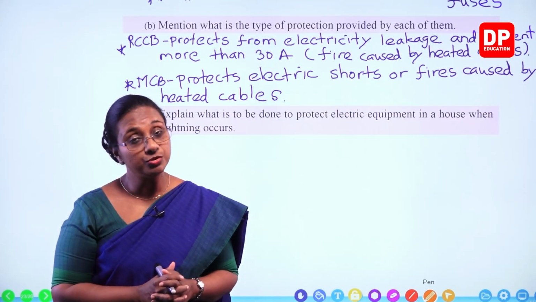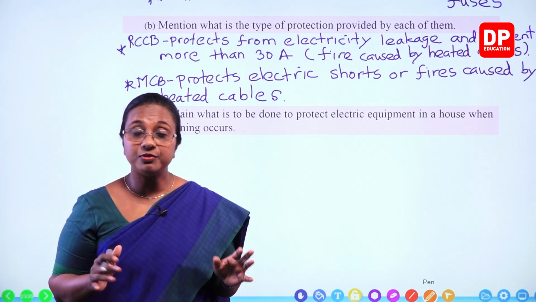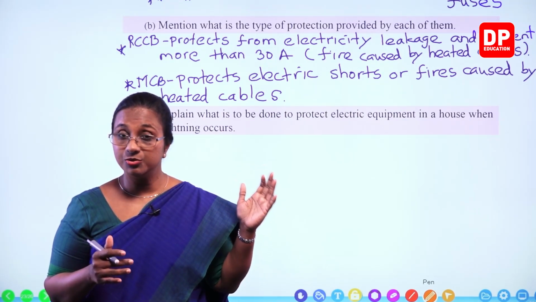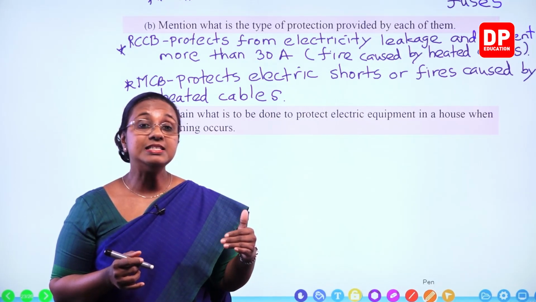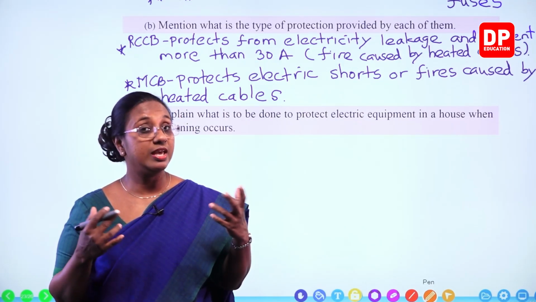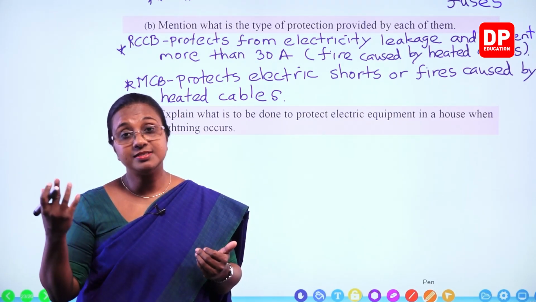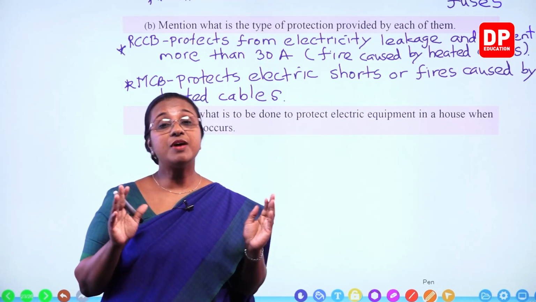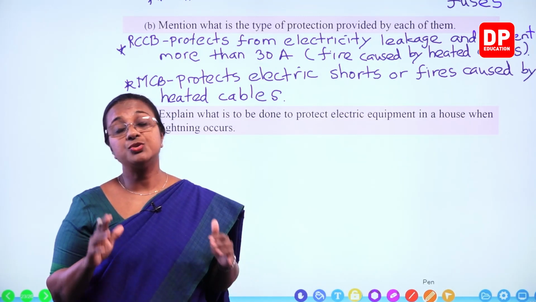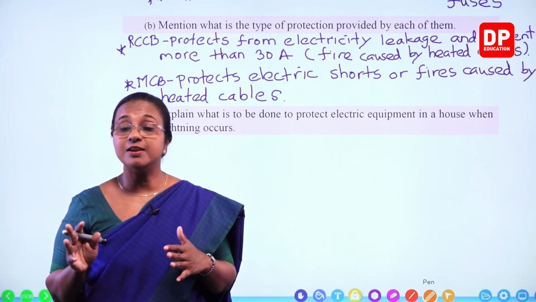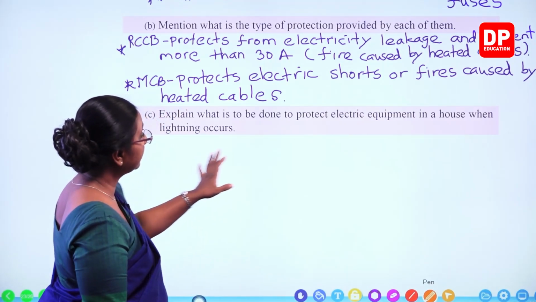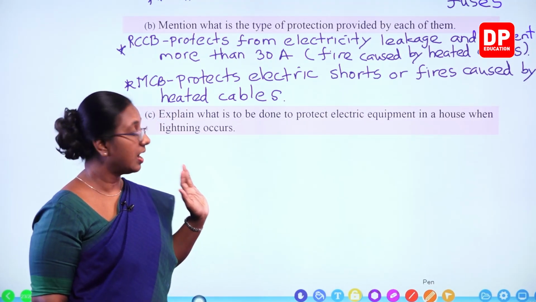So what should you do? You have to turn off the television, radio, especially those are the devices that get signals. They receive signals. So they have a high tendency to receive the lightning as well. So you have to switch them off, unplug them, and also you have to avoid using unwanted electrical appliances. So that is how you protect electric equipment in a house.